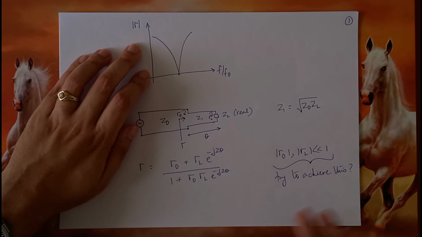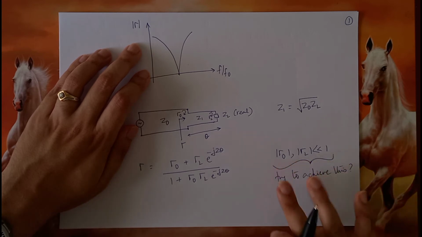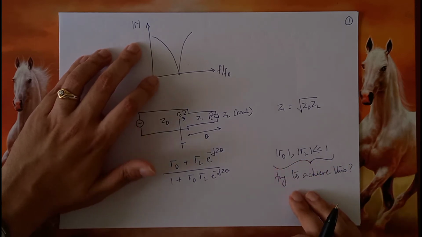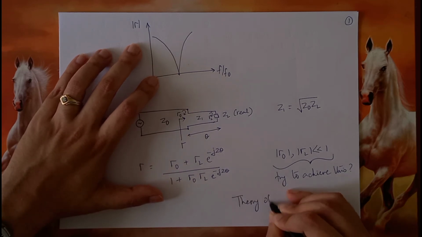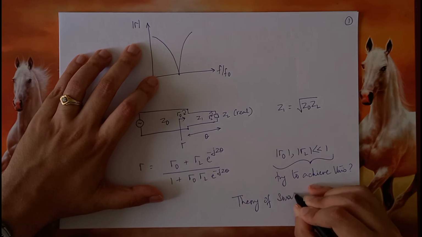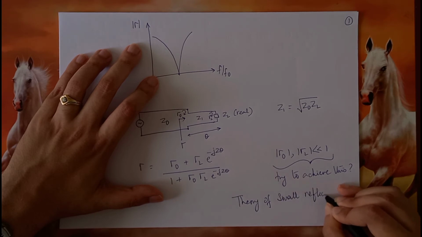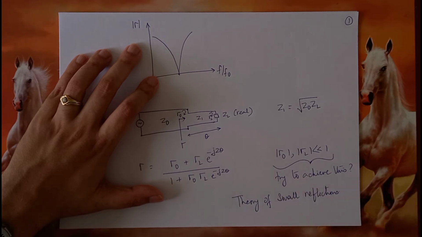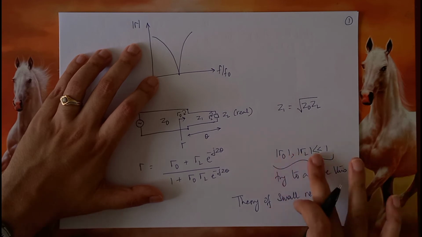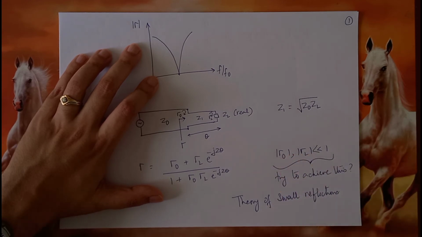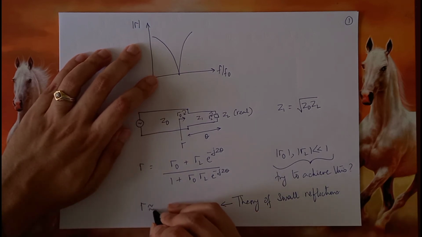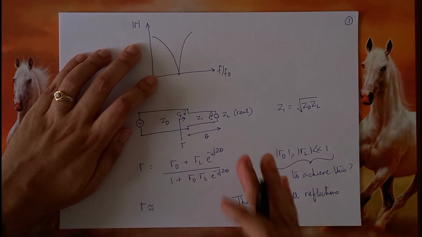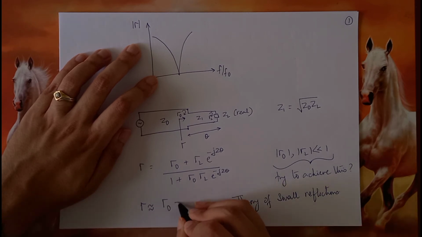And how? This discussion led us to something called the theory of small reflections. That is, gamma 0 and gamma L should both be very small, hence it is called the theory of small reflections. So if we apply this theory, then the gamma essentially reduces to something like this.